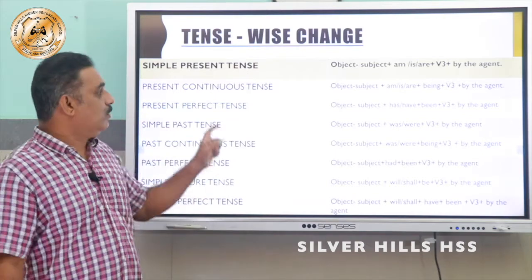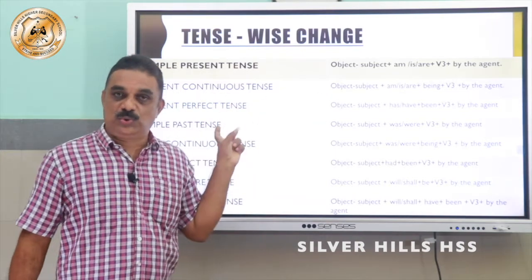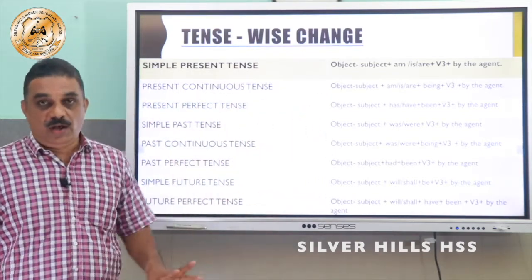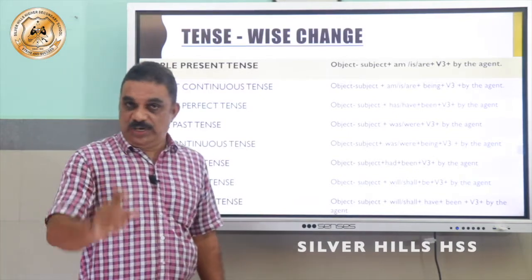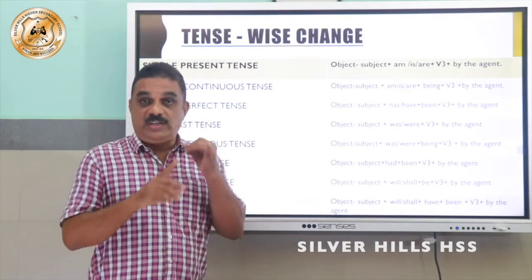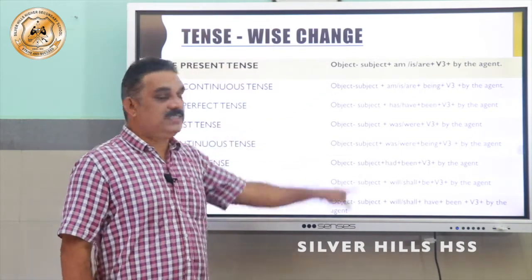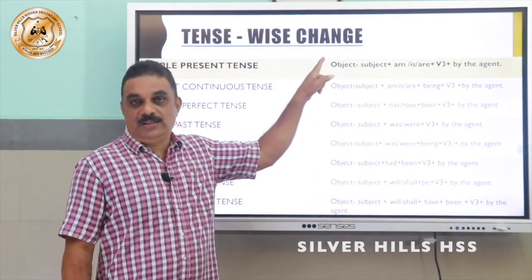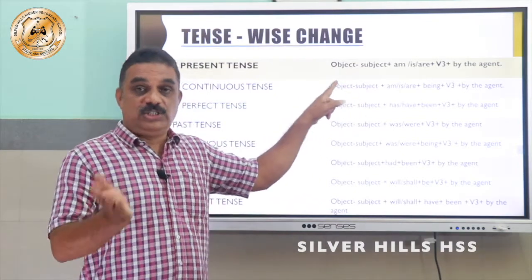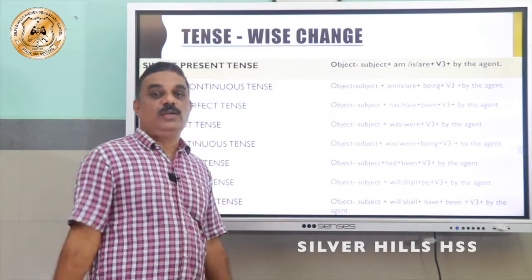Present tense we have 3, past tense also we have 3, and future we have 2. And dear students, first you find out what is the tense of the verb, then apply this formula. Then it will be very easy for you to change an active sentence into passive.